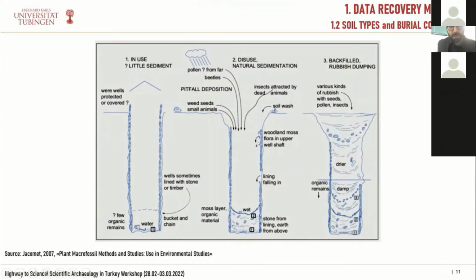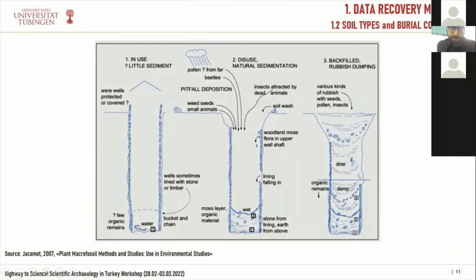And the water table is going up somehow because of the inclusion of other materials. Then some weed seeds or small animals can fall inside. So there's this natural sedimentation.